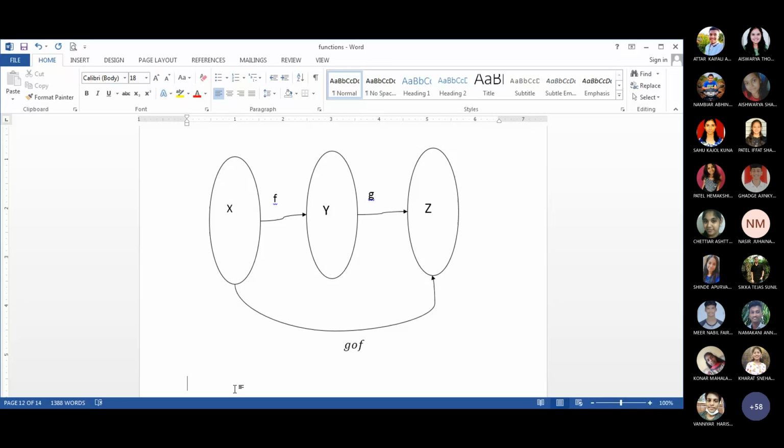So G composed with F will be a function from x to z. So this is what you can observe, कि F का codomain should be same as G का domain.